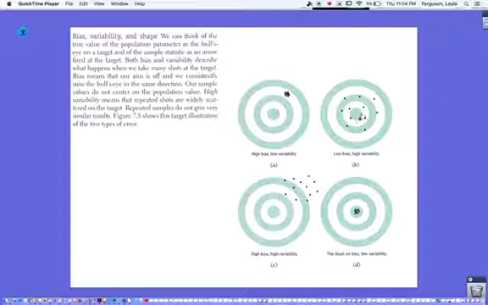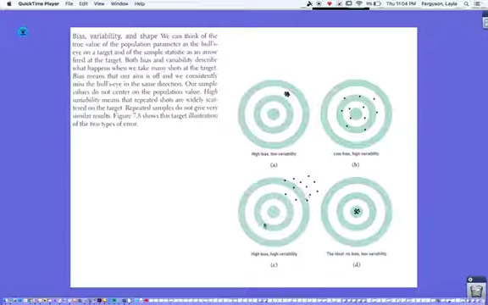In the second example, we're closer to the center, especially than we were here, so our bias is low, but our shots are spread out all over the place, so our variability is pretty high, which means we're repeating it over and over again, but getting different results every time.